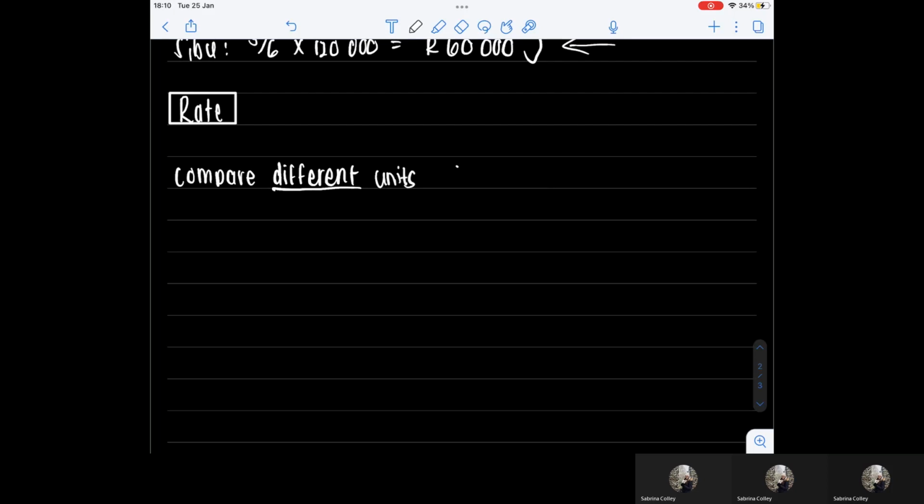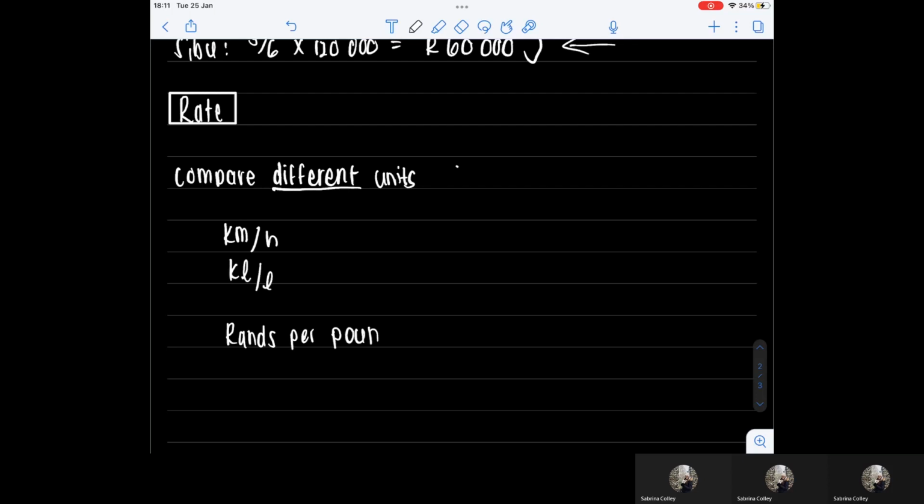Okay, so for example, we compare with cars, we say they go 100 kilometers per hour. Okay, so we're comparing kilometers and hours. Or we say kilometer per liter. Or we say rands per pound, right?